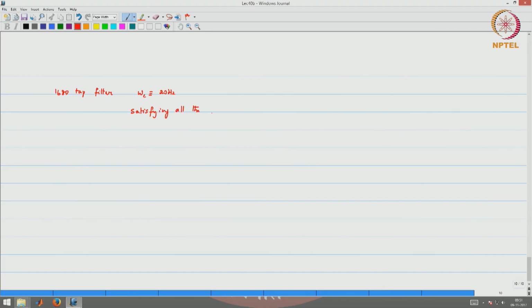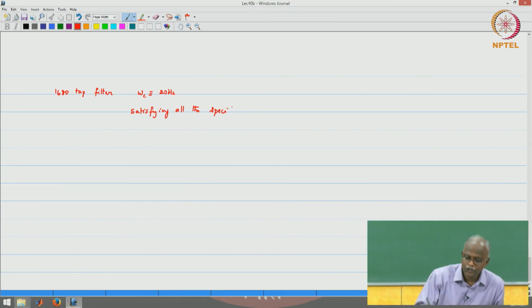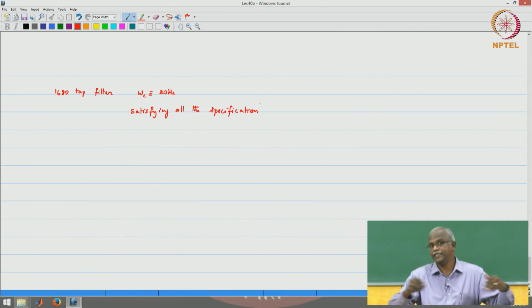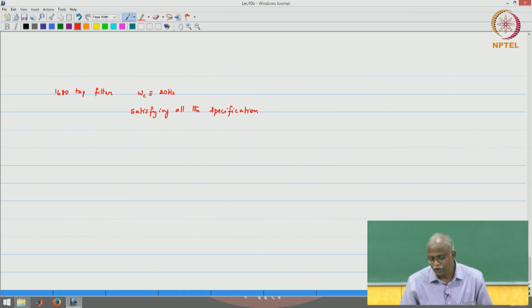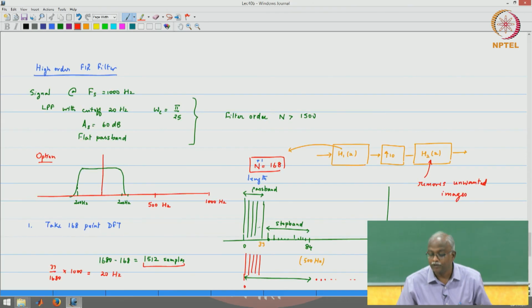and satisfying all the specifications. The stop band attenuation you already satisfied, because when you designed the 168 tap filter you already specified it. So effectively, what is the trick involved? Previously, what did we do? You upsampled in the time domain, inserted 9 zeros and then passed it through a filter, correct?